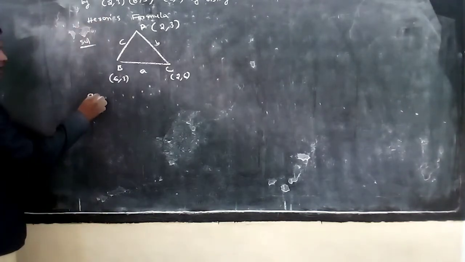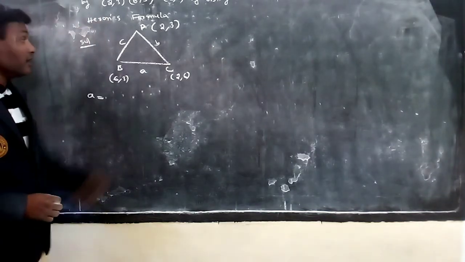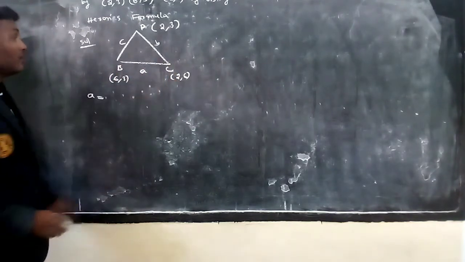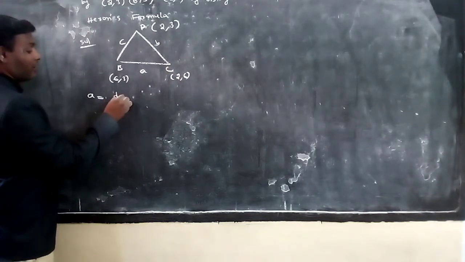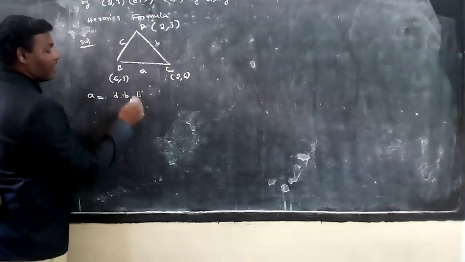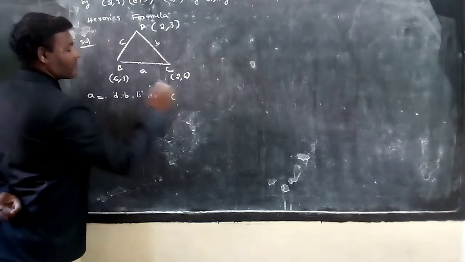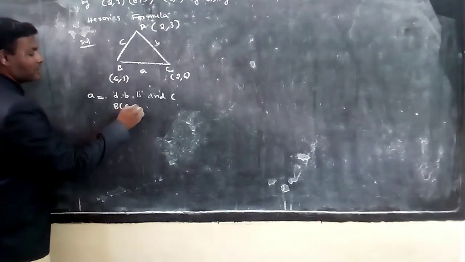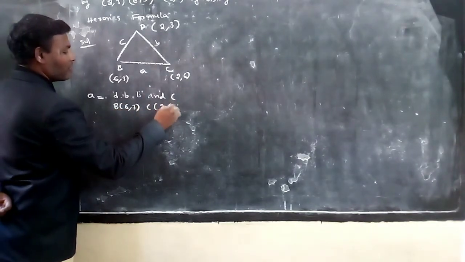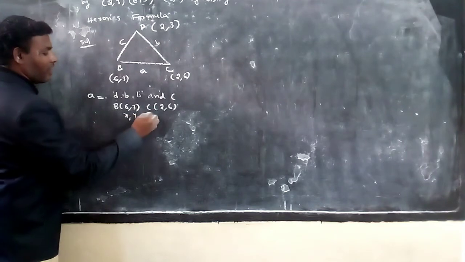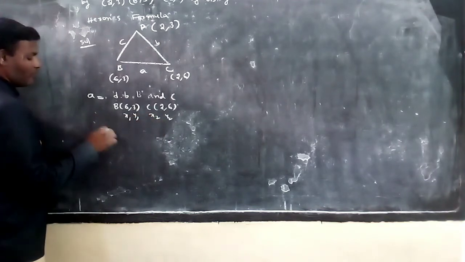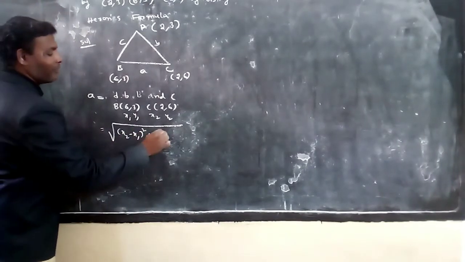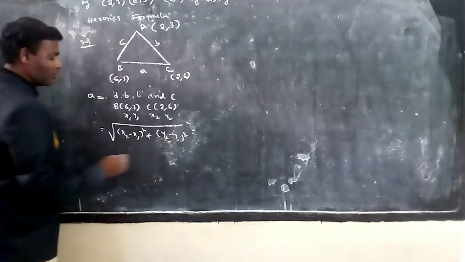First, to find a: what is the meaning of small a? The distance between B and C. Already we discussed the distance formula. B is (6, 3) and C is (2, 6). Let these be (x1, y1) and (x2, y2). The formula is the square root of (x2 minus x1) whole square plus (y2 minus y1) whole square.